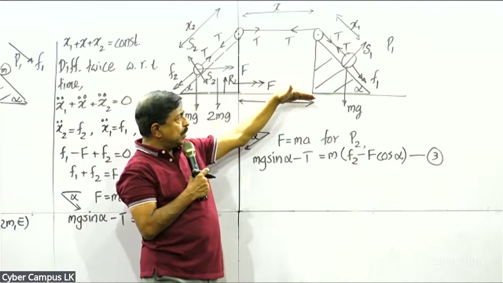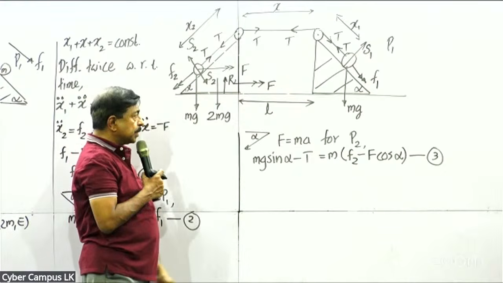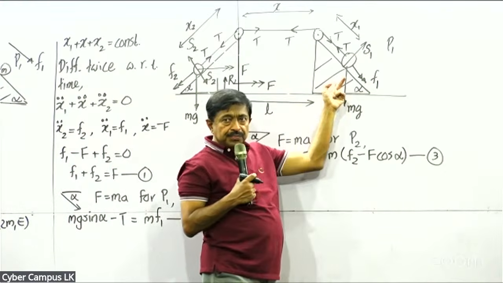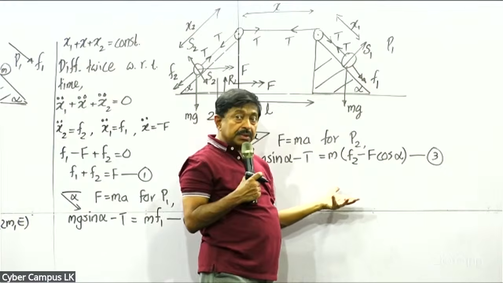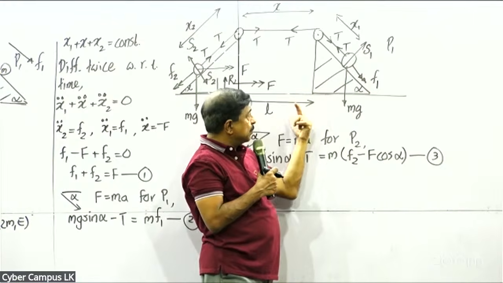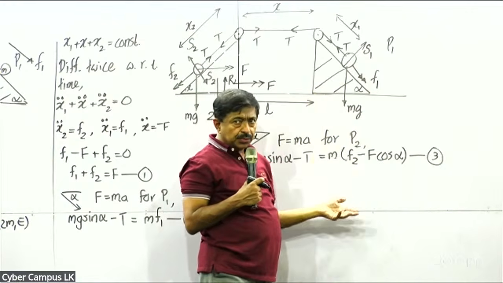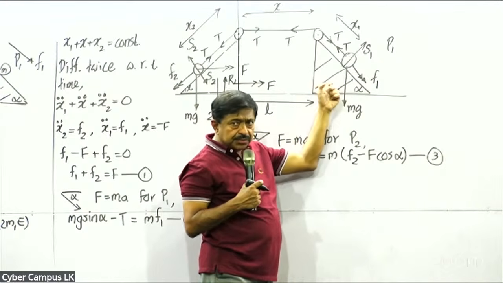Therefore, to get rid of R, you have to apply the equation horizontally. Now, this is not in the system because it is attached to the table or somewhere, therefore those reactions are unknown. So this cannot be included in the system.